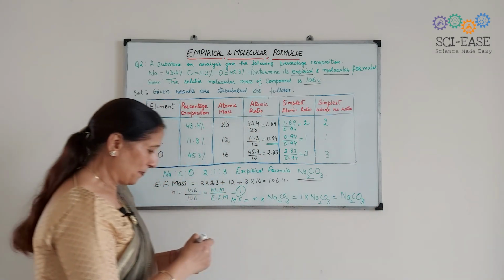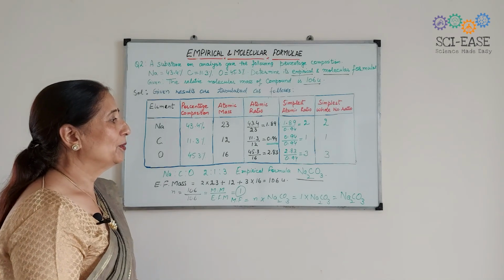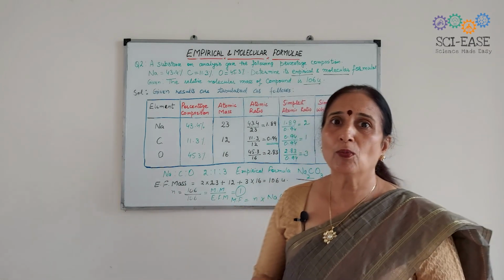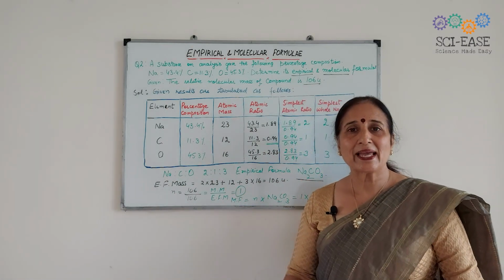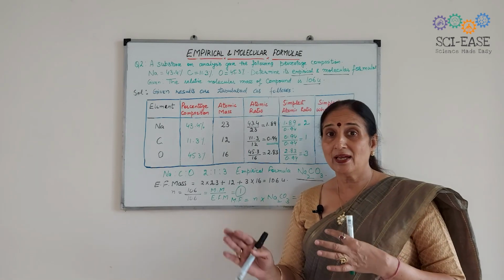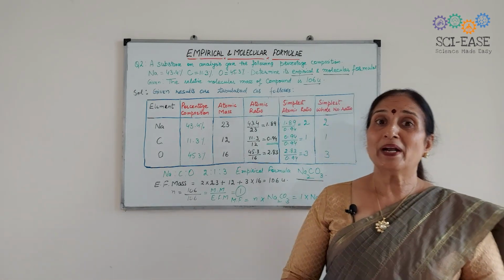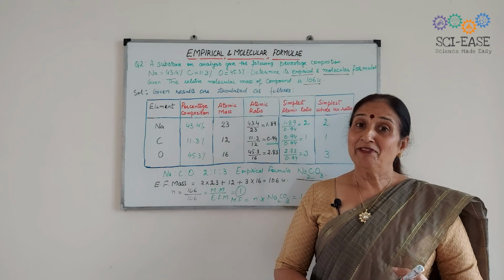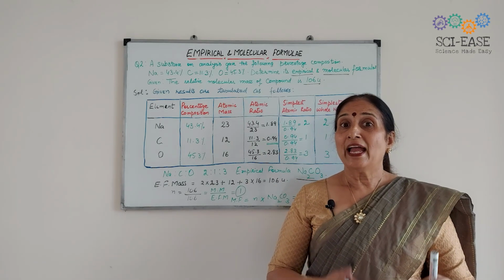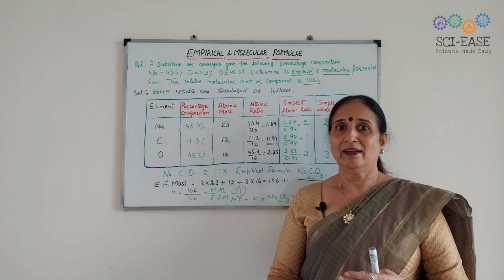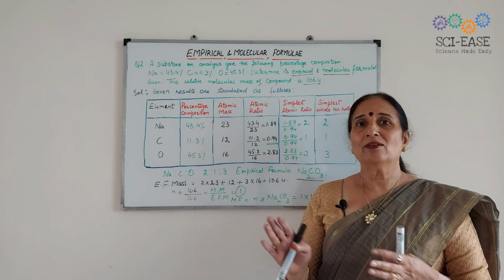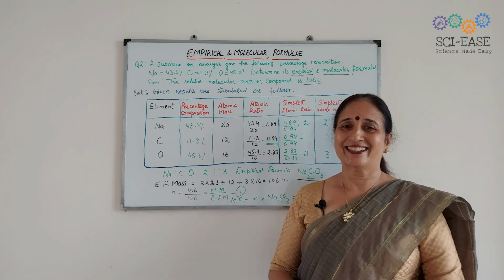So here the molecular formula as well as the empirical formula, that is one and the same. Okay, both are Na2CO3. Now, the next numerical I will again do that in which N is not equal to 1. It may be 2, 3. So, the next numerical we will calculate like this.